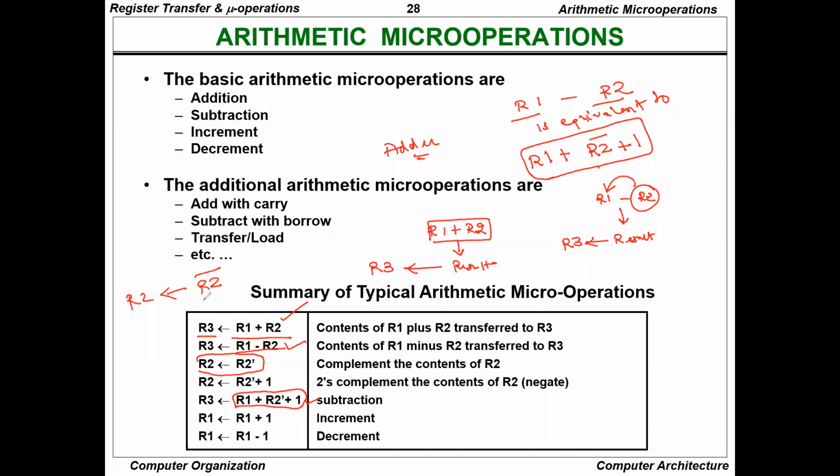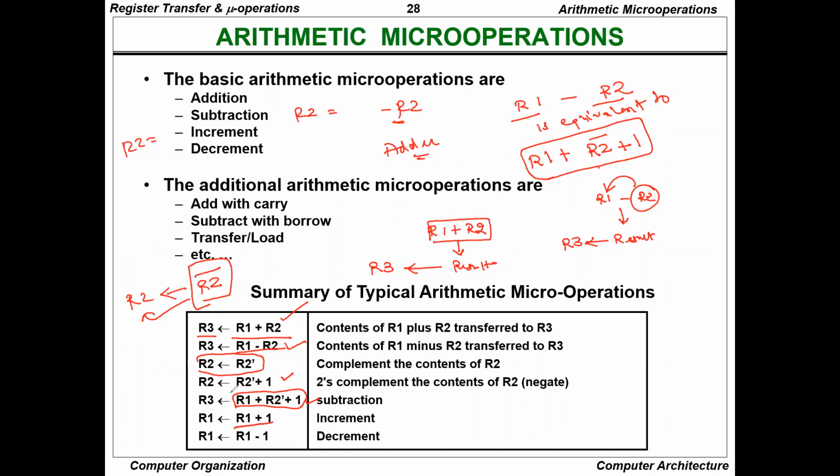So ये कह रहा है कि R2 के contents का complement करके R2 रजिस्टर के अंदर ही सेव कर दीजिए. Next is R2 equals R2 complement plus 1. This is the negative of R2. So एक तरह का इसको हम लोग R2 equals minus R2 अगर करना चाहते हैं तो हम लोग इस तरह से अचीव कर सकते हैं.